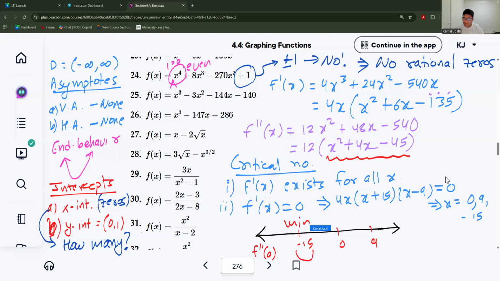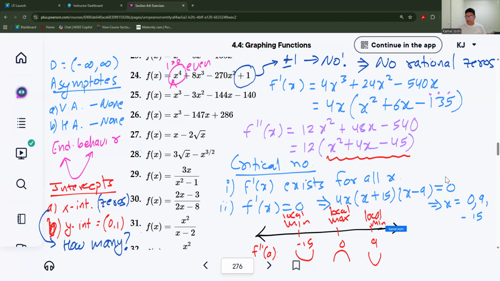Then at 0, obviously it is negative, concave down. So that's a point of maximum. Local minimum, local maximum. Don't forget, these are all local. And then at 9, 9 squared is 81 plus 4 times 9 is going to be more, so definitely positive. So again, concave up and local min.